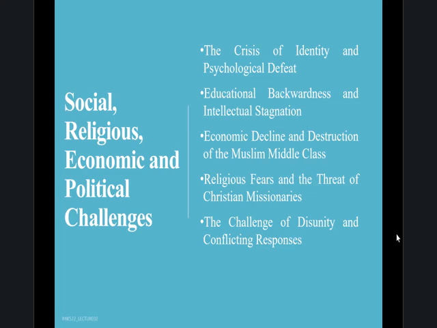My dear students, the next challenge was on the economic front. The economic decline and the destruction of the Muslim middle class. The economic challenge was closely connected to educational backwardness. Before 1857, the Muslim upper class and middle classes depended on government services, land ownership, and traditional crafts.